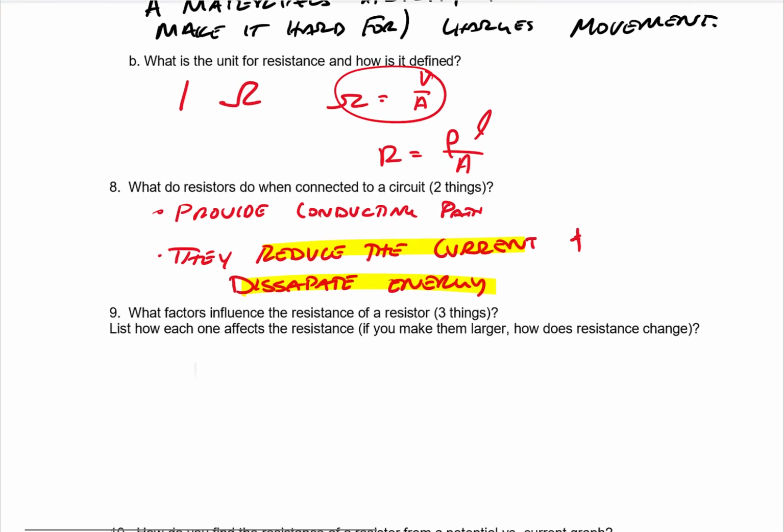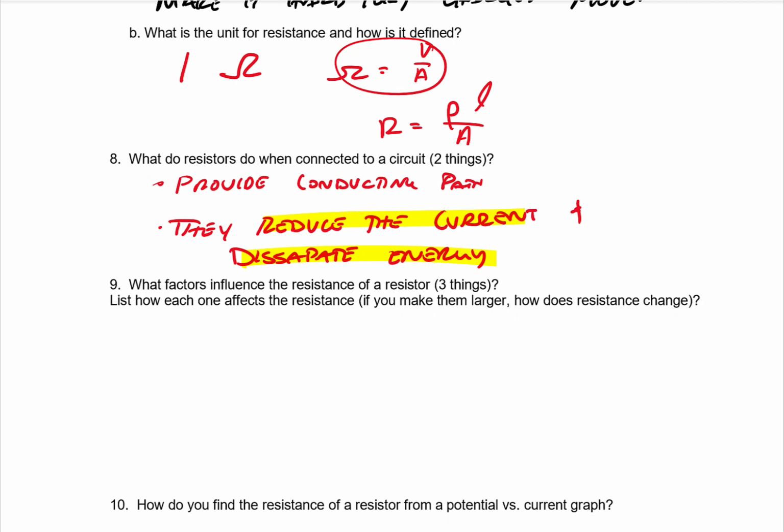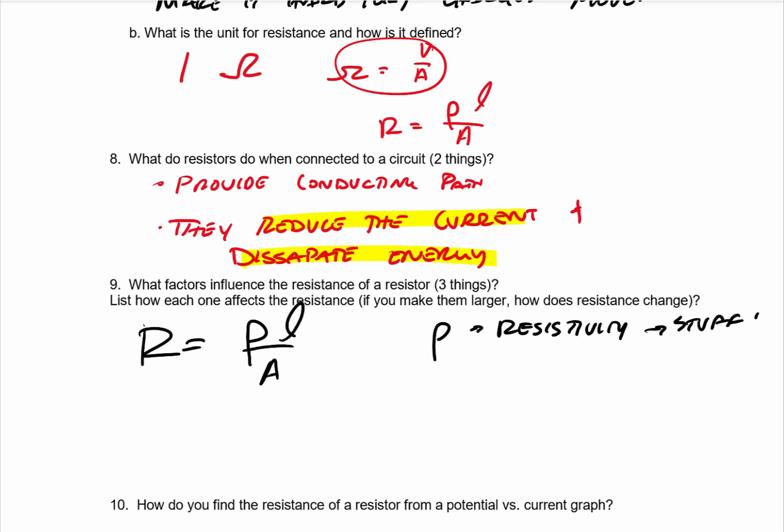What factors influence the resistance of a resistor? This is where we use resistance is the resistivity times the length divided by the area. So our three factors are the resistivity, that's the stuff in the way. More stuff, more resistance.